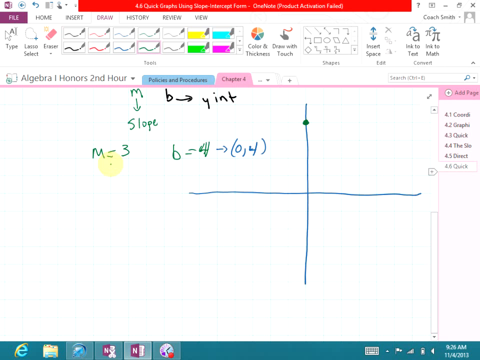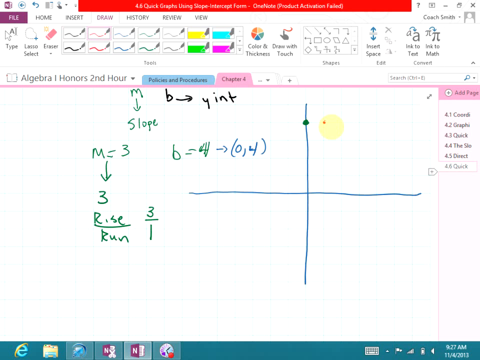Now, we said the slope is 3. Well, we know that rise over run is equal to your slope. So that means 3 over 1. What that means is that I'm going to go over one spot. I'm either going to go one to the right or one to the left.